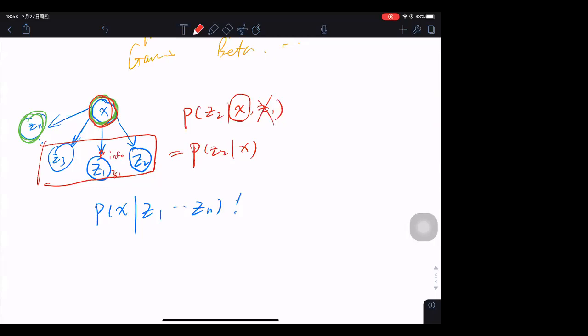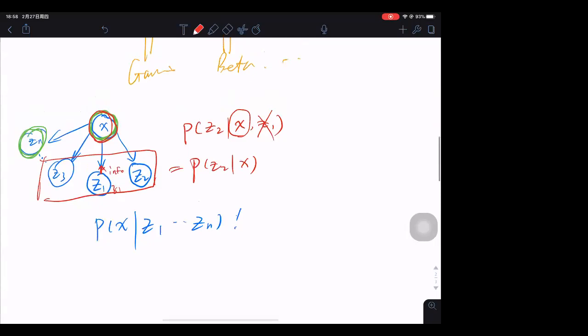Previously, we considered Z1 subjectively, as a person. I want to pass this information to the whole system, but the information will jump. The first step is to the X, and then I want to pass this information further to Zn. Zn says I don't need it because knowing X is good enough.